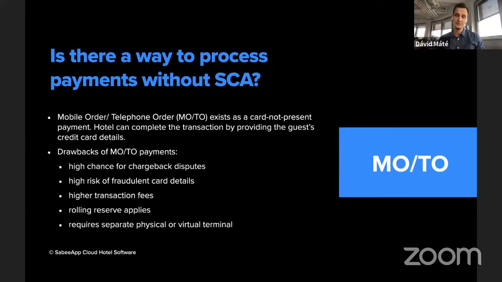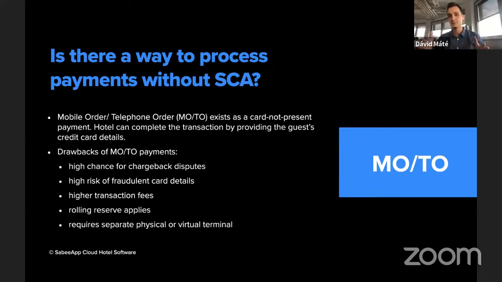Plus, there's also a term called rolling reserve, which is connected to the high chance of chargeback dispute. This means that there is a certain percentage, around 30% of the transaction value, which is kept in lockdown for a couple of months.